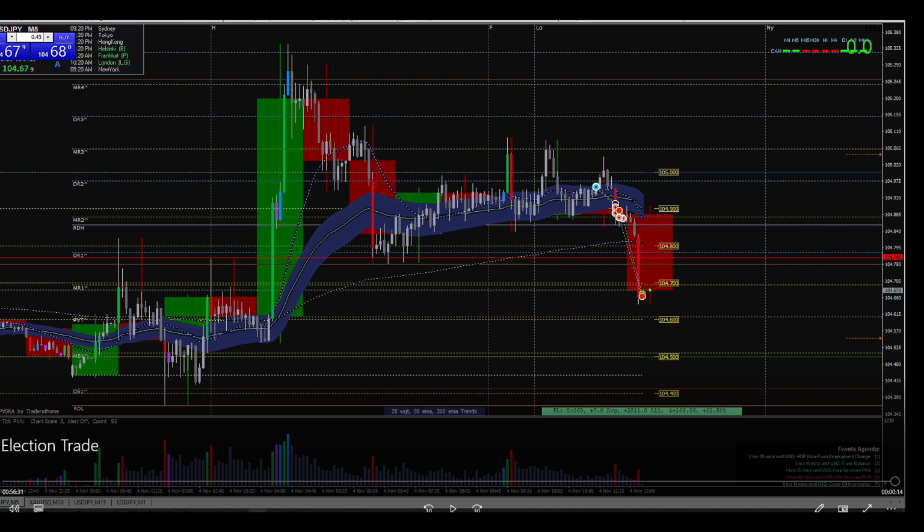Notice it was above the key 105 mark. It pulls back down and shows support. Remember, market makers are building the illusion to traders that there's support in this area and that it's going to go to the upside. There were so many people that were optimistic. Let's look at it another way.